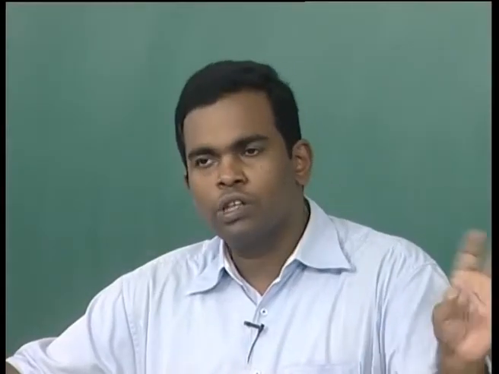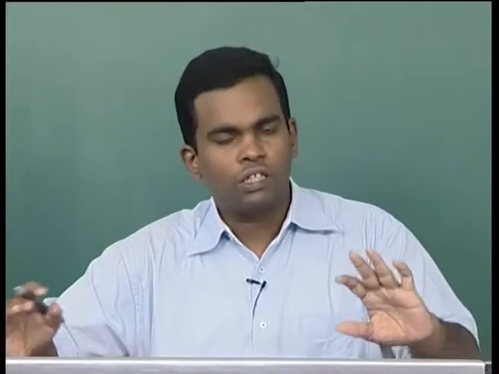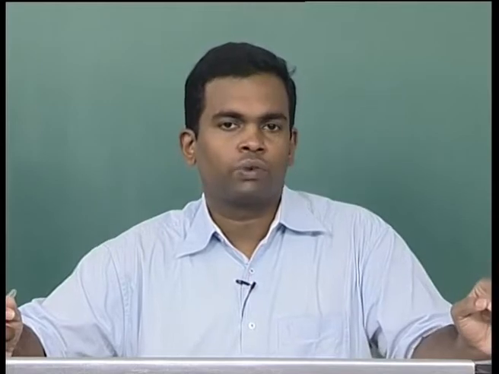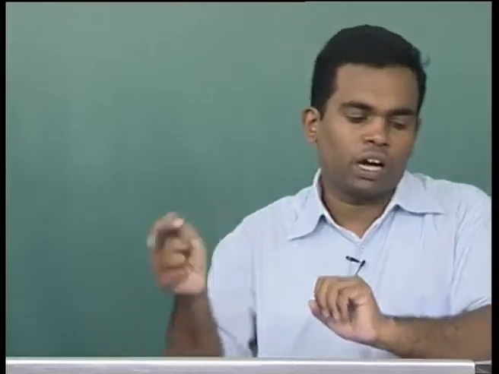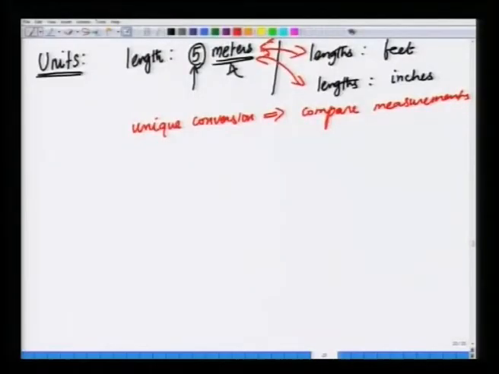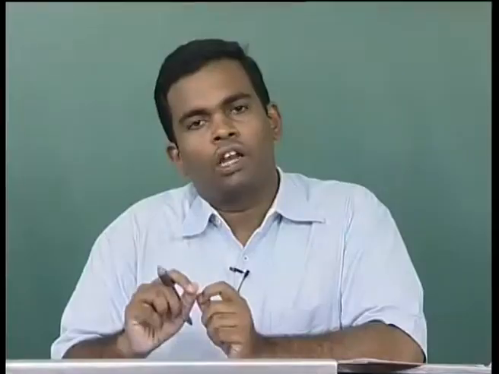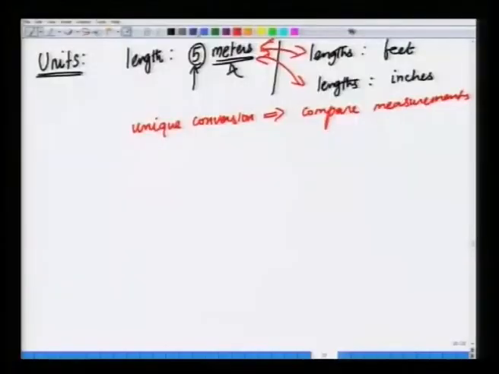So, if a certain group of people agree to work with some set of units and some other group decide to work on some other set of units, as long as these two groups agree on the conversion from one unit to another, both the measurements can be compared. It can be converted. So, there must be a unique relation between one set of units and another. For example, you can measure lengths in terms of meters or centimeters, with the conversion rule that 100 centimeters is 1 meter, and so on.